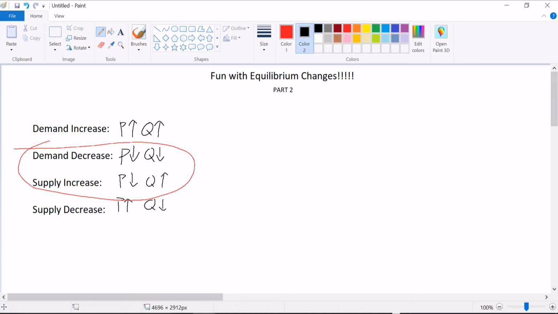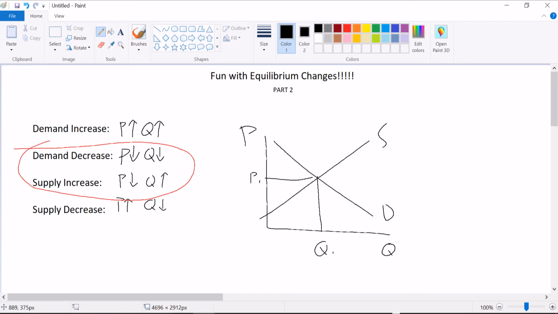So let's start with a market in equilibrium, and then we will decrease demand to some lower level D2, and we will increase supply to some higher level S2, and what you get is this new equilibrium that has the same Q, but a lower price.